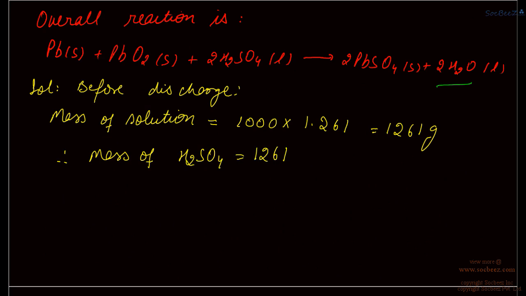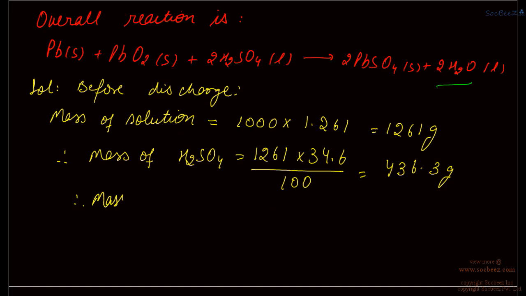Therefore, mass of H2SO4 equals 1261 into 34.6 upon 100, because 34.6% of solution was there, equals 436.3 gram.